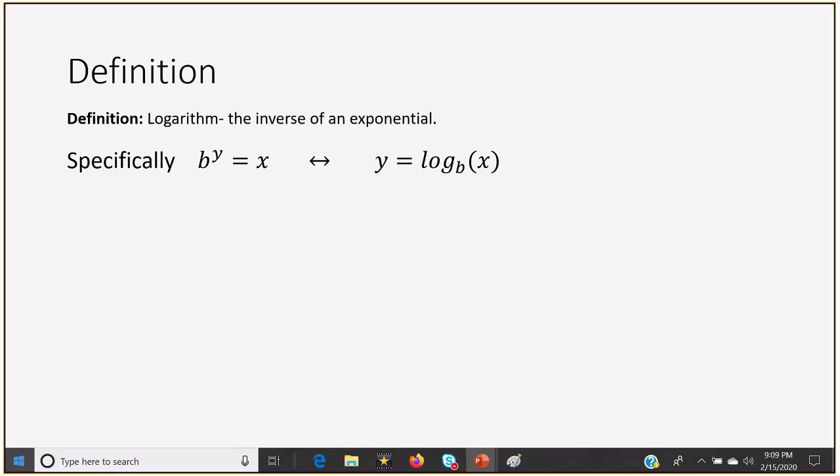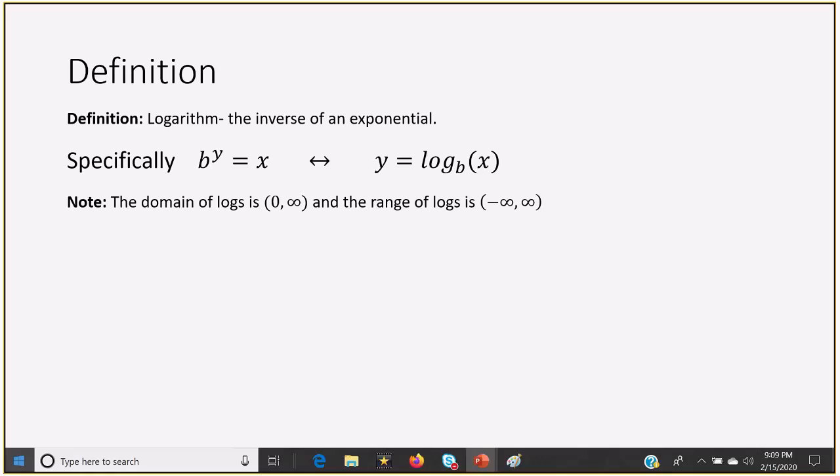And vice versa. If I have a logarithm, y is equal to log base b of x, and I want to solve for x, well, to undo my logarithm, I take an exponential. So I would take b to the log base b of x on the right side. That would cancel my log, and I would be left with b to the y is equal to x on the left side. So to see this in practice, quick note.